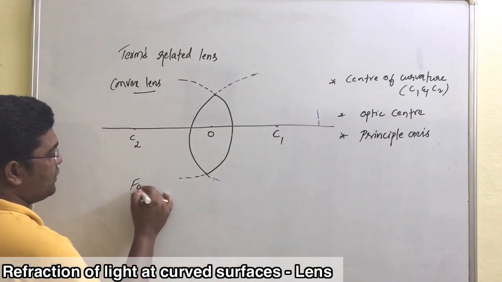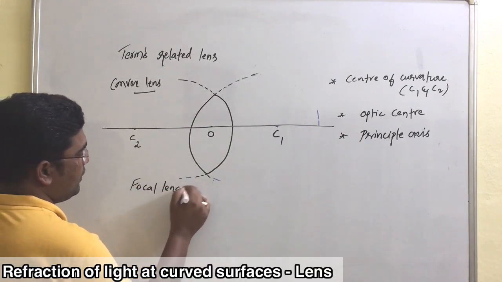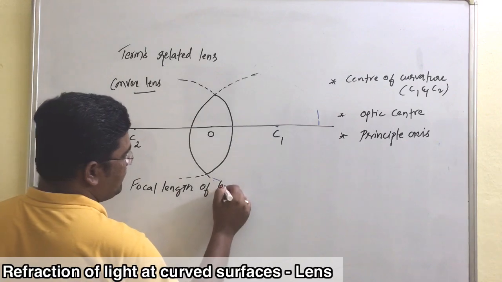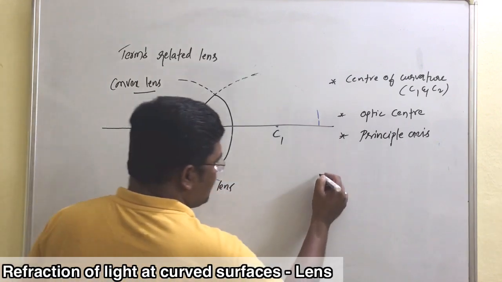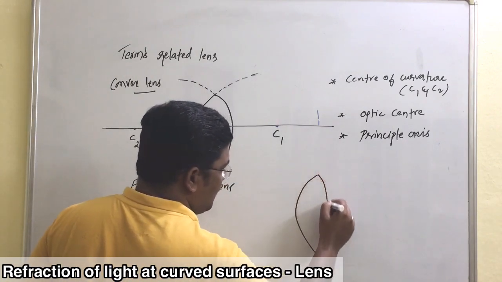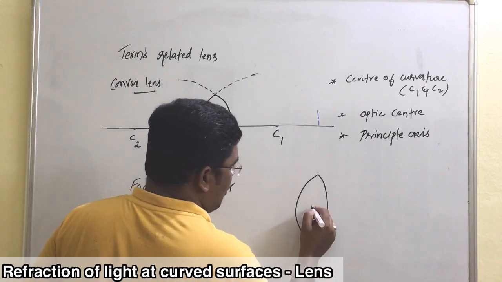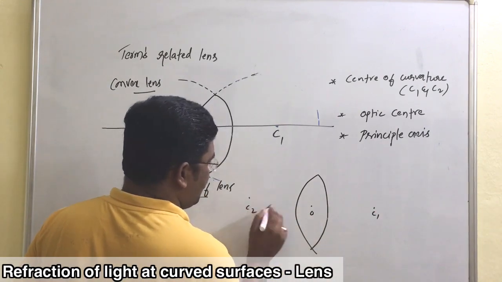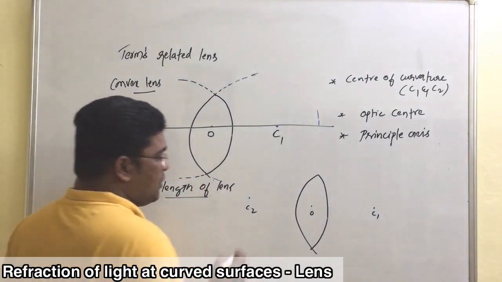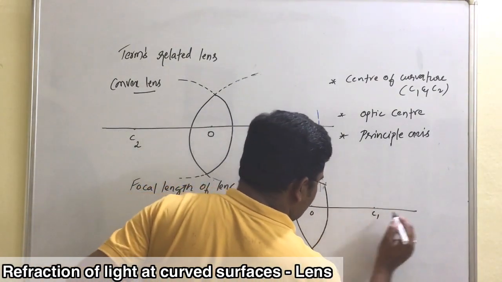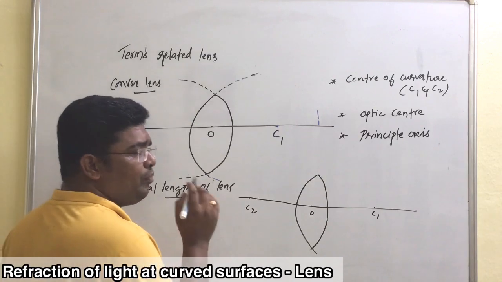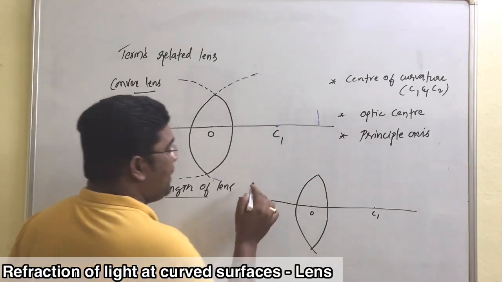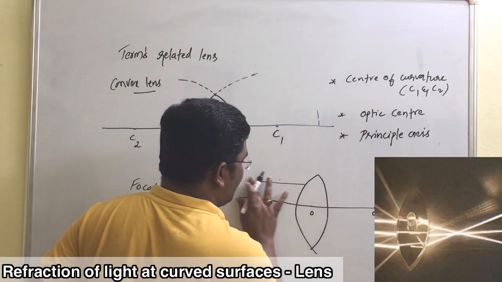Now, how do we find the focal length for a lens? Let us first find the focal length of a lens. This is our convex lens, with the optic center, center of curvature C1, and center of curvature C2. This is our principal axis. Children, let us assume a set of parallel light rays falls on this convex lens.